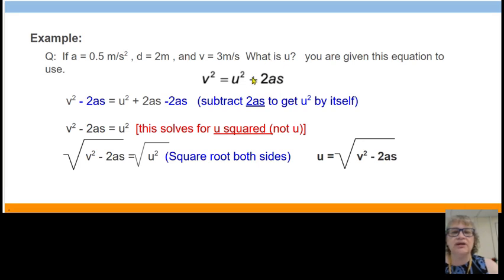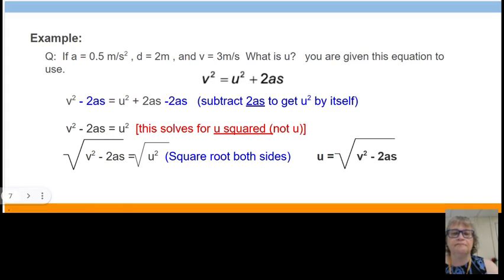To do that, we need to subtract 2as from both sides. When we do that, 2as minus 2as becomes 0, right? So I'm just left with u squared on this side. On this side, I now have v squared minus 2as.